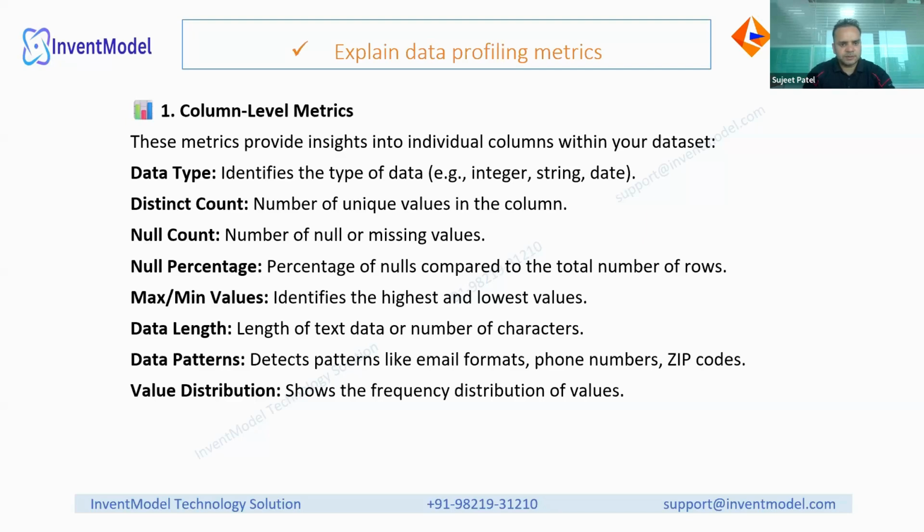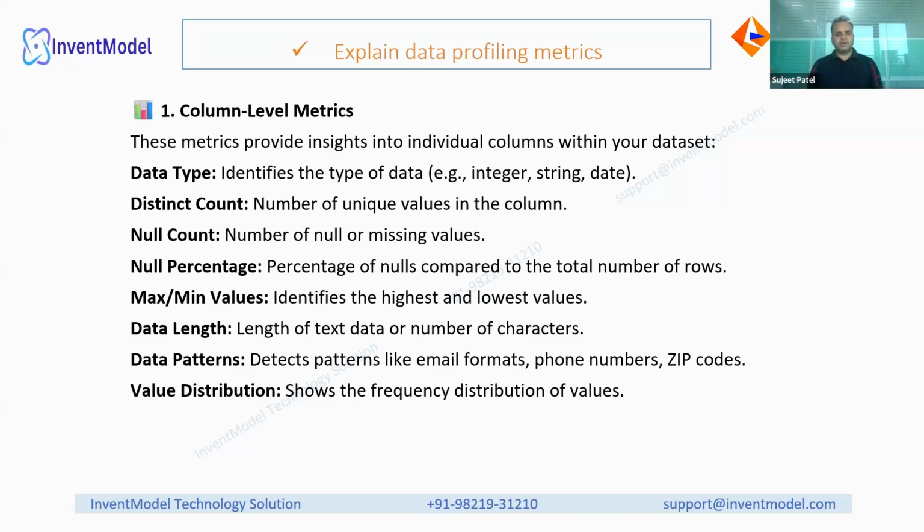Null percentage is the percentage of nulls compared to the total number of rows. Suppose we have 100 records, and out of 100, 10 records are null or blank. Then the null percentage is 10 out of 100, that means 10%.